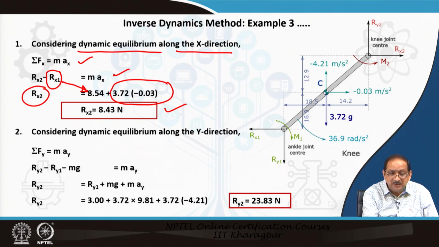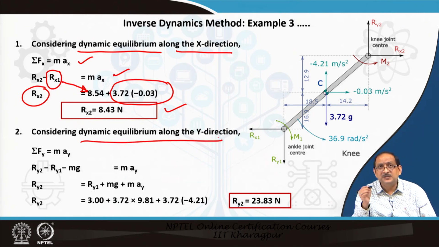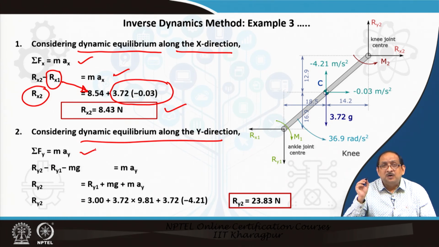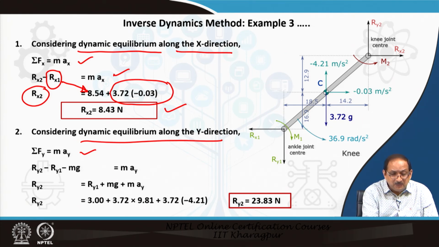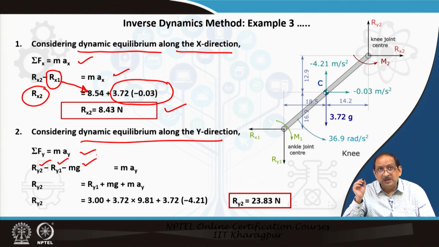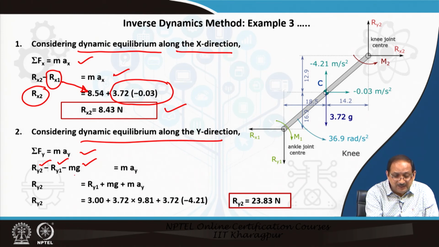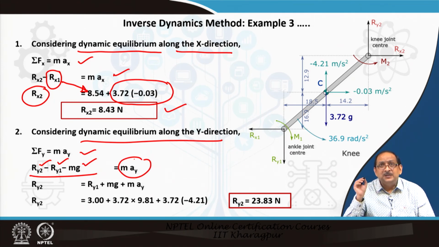Considering dynamic equilibrium along the y direction, similarly, we can write down the equation of motion along the y direction, where Ry2, Ry1, the weight of the limb segment, that is the leg segment, is on the left hand side, and on the right hand side we have the mass and the linear acceleration along the y direction.